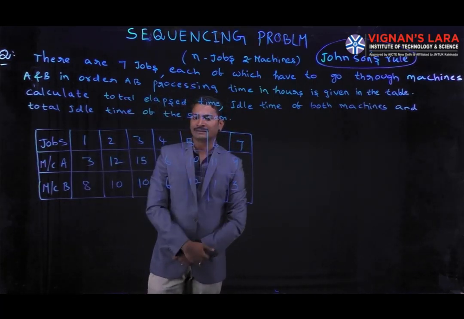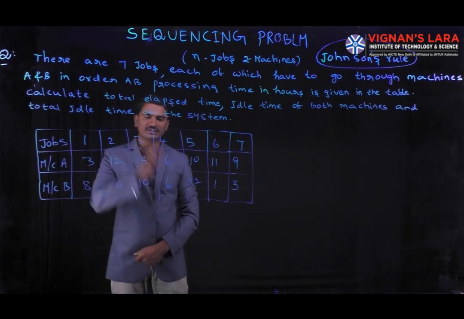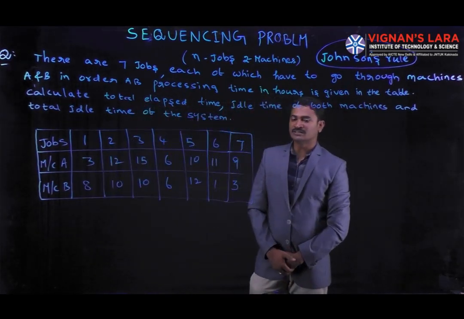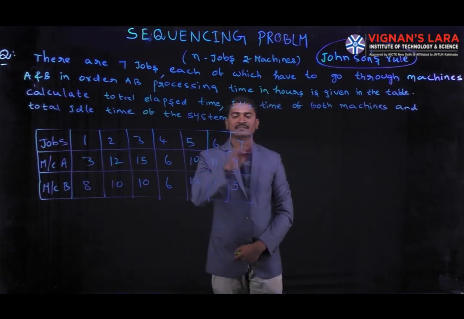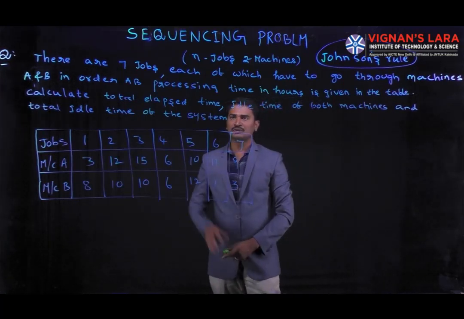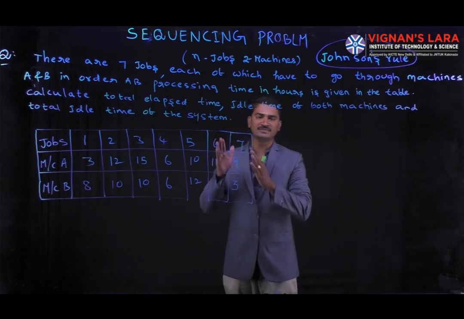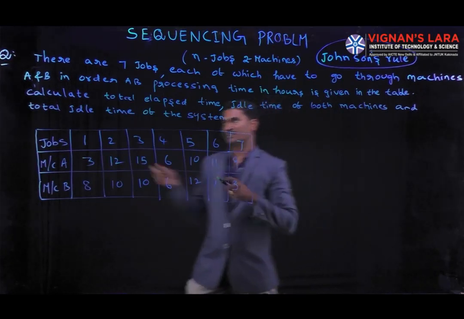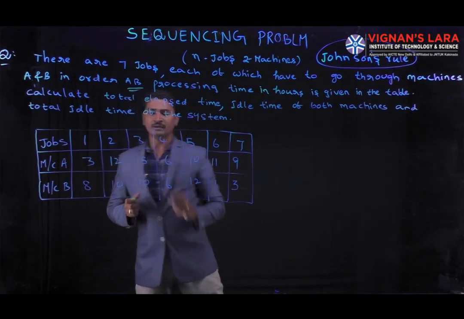Here two machines are given, machine A and machine B, used to prepare 7 jobs, and they have also given the sequence, A and then B.